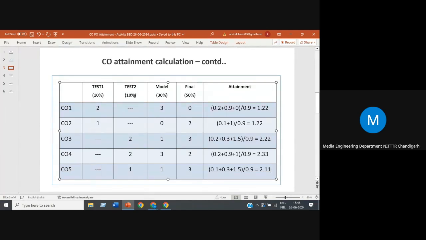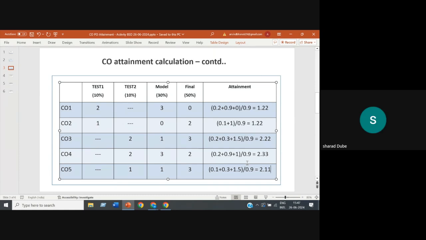It is mapped with test 2, which is of 10% weightage, model of 30%, final of 50%. So 50 plus 30 plus 10 is 90. 90% is 0.9. For every CO, either test 1 or test 2 is not mapped, and both tests have weightages of 10%. That is why the total is 90%, meaning 0.9 for all.